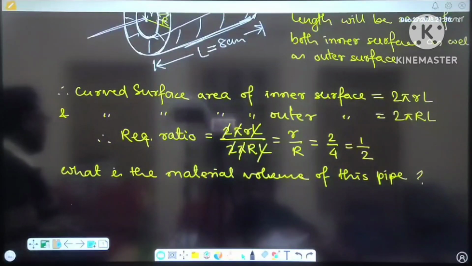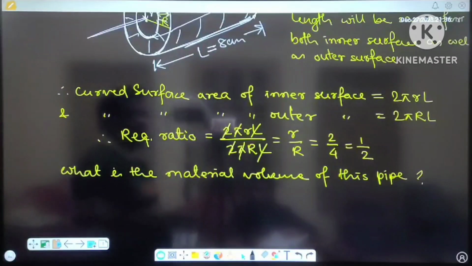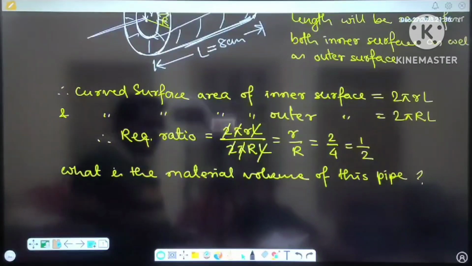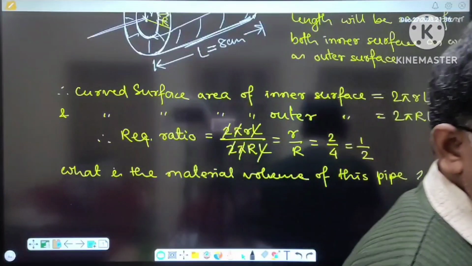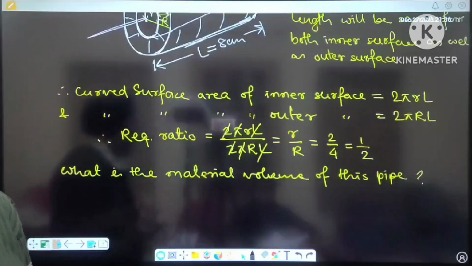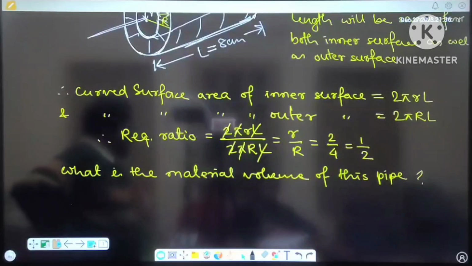In the same data, where the inner radius is 2, material thickness is 2, length is 8, what will be the material volume of material available as a cylindrical pipe?